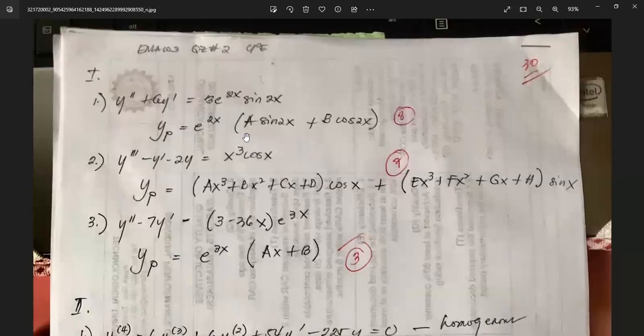I could still remember some students write ax cubed plus bx squared, and there's no cx and there's no d. I don't know why, because you need to complete all the forms, even if you only get to see here an x cubed. So you have to complete all the forms starting with x cubed, x squared, x, and d.